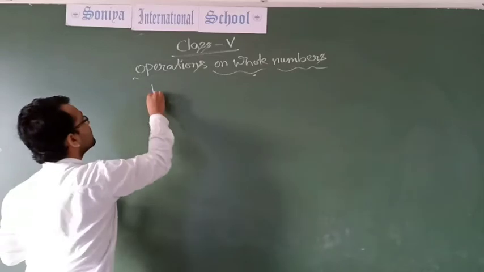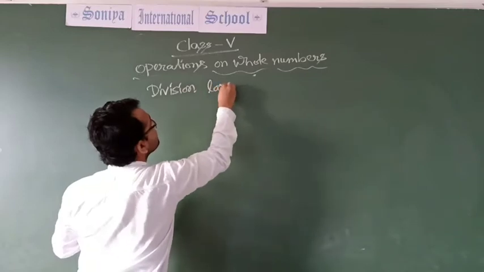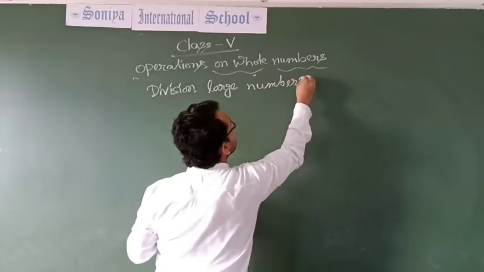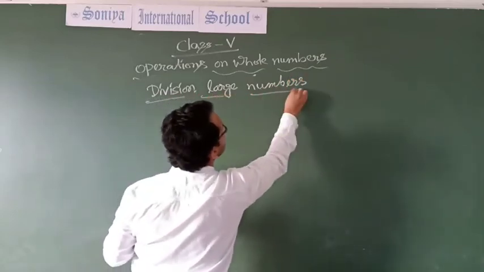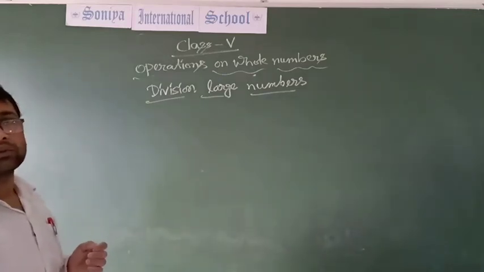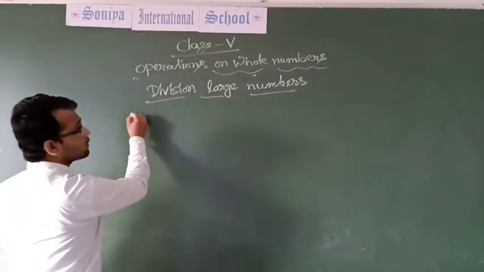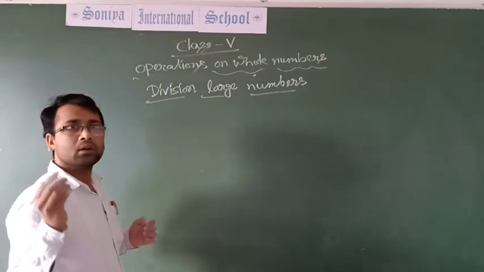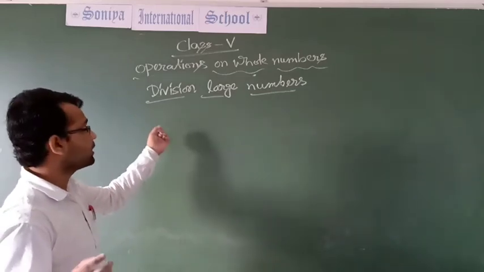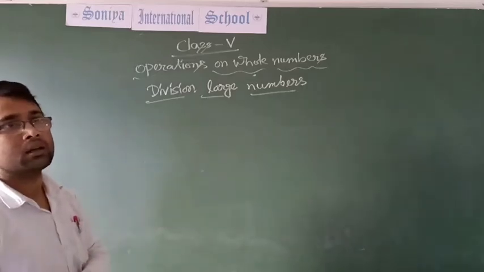So let's see division of large numbers, first by two digits and then three, four, five digits. Now take an example, then you will clearly understand how to divide a large number by another number.